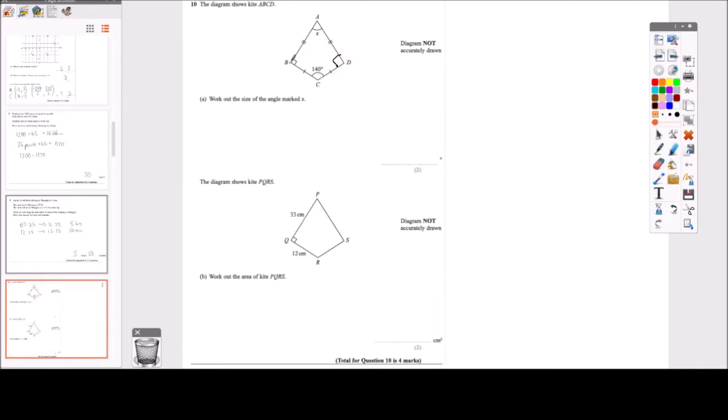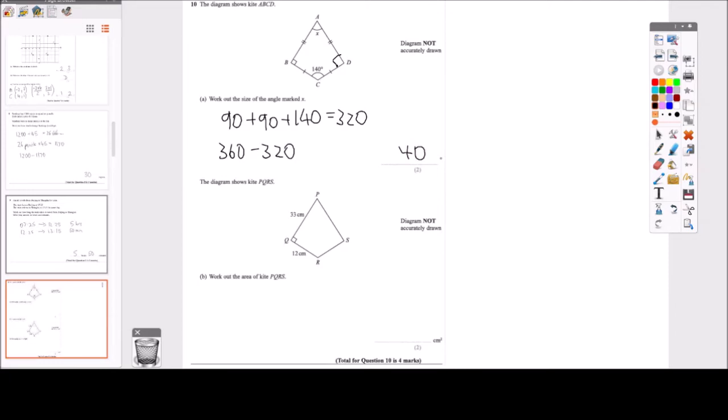So we've got 90, add 90, add 140, being 3 of the angles, which is 320. And the angles in any four-sided shape add up to 360. So the fourth angle must be 360, take away what the other 3 added up to, which is 40.